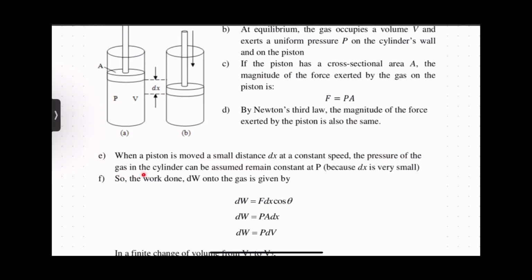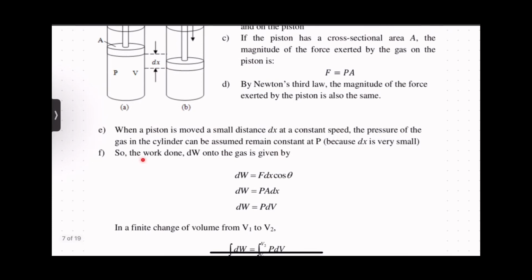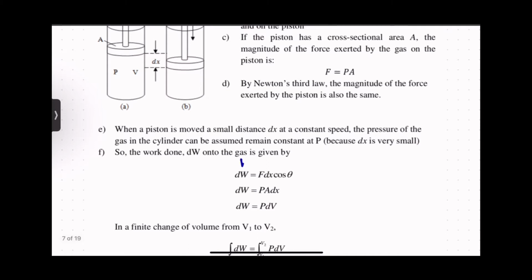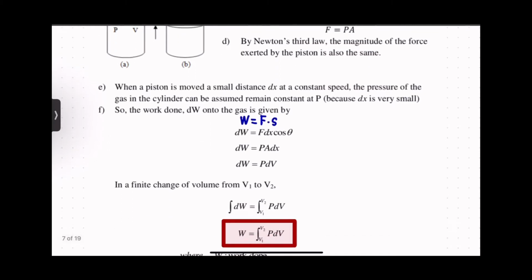So the pressure of the gas in the cylinder can be assumed to remain constant at P because the change of x is very small. So here, the work done dW on the gas is given by work done equal to F dot S. As you know, F dot S means we have F S cos theta. Now when we move the piston a certain distance, the distance we use is dx. Where does cos theta come from? Because of the dot product. So we have a change in x, so we must have a change in work. That is the condition.